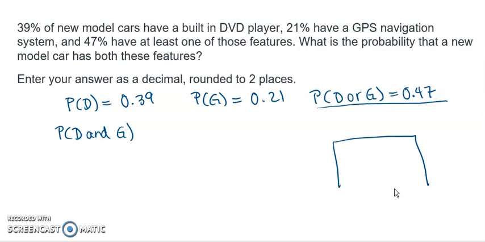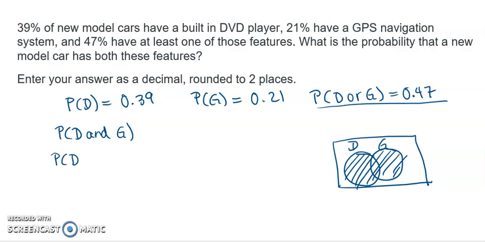remember, when we have two events that are not mutually exclusive, one of them is the DVD, the other one is the GPS. The probability of D or G is anything shaded in here, which is really the probability of D plus the probability of G minus that intersection, because we will have counted that intersection twice.